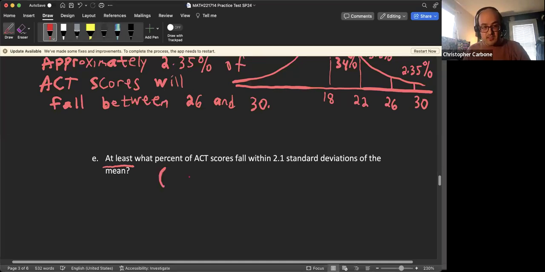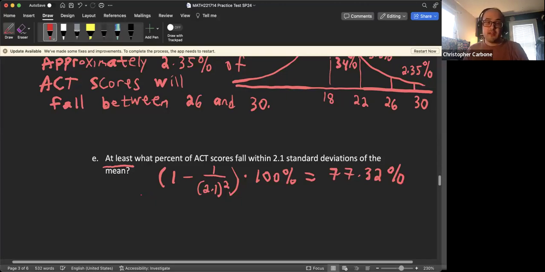So 1 minus 1 over 2.1 squared times 100%. You toss that expression into a calculator, and you should get an answer that rounds to, to 2 decimal places, 77.32%.